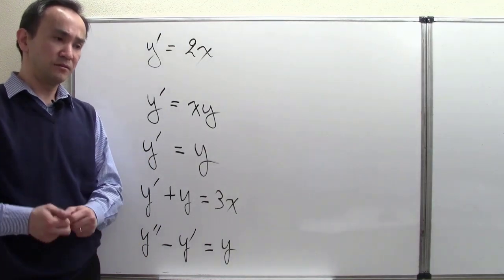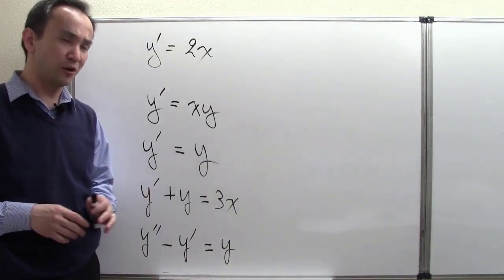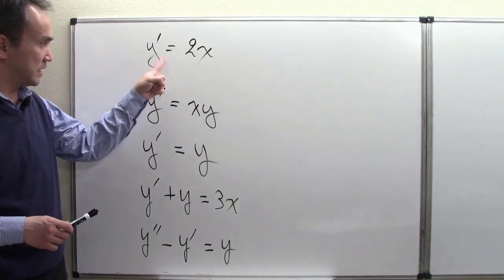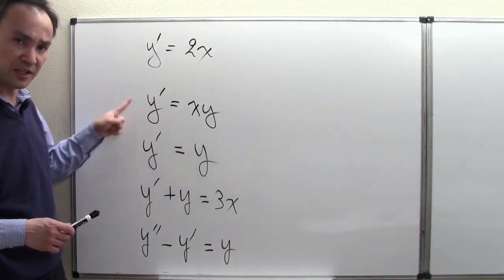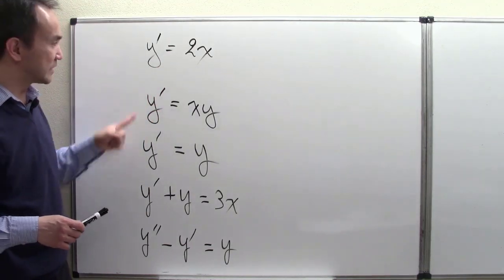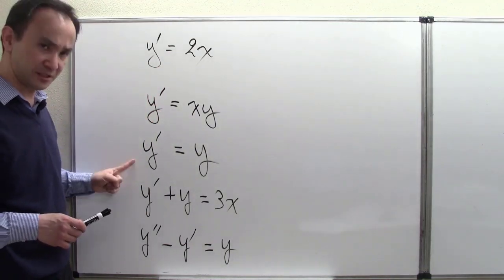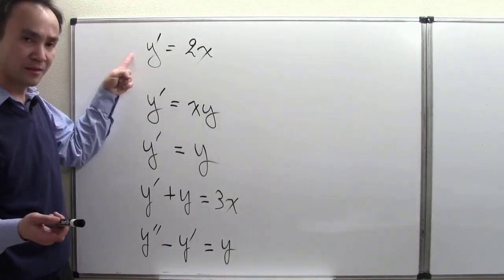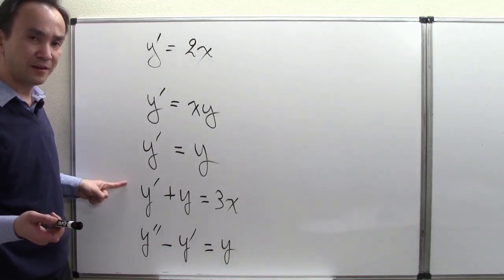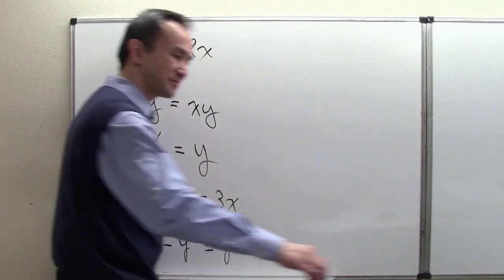And so now let's look even a little more closely. These equations that I'm pointing at, the first four on my list right here, only involve the first derivative as the highest derivative involved.